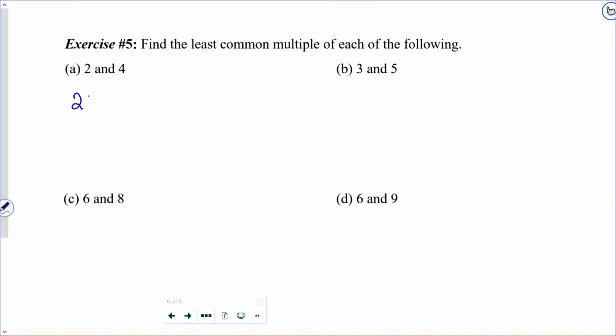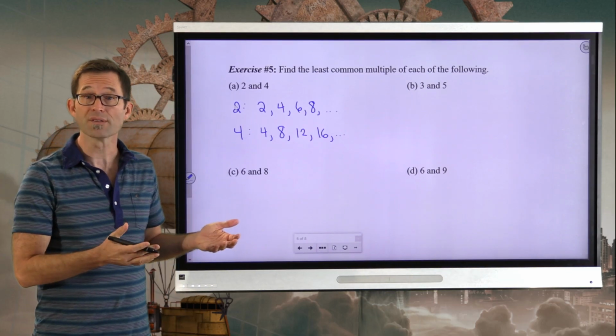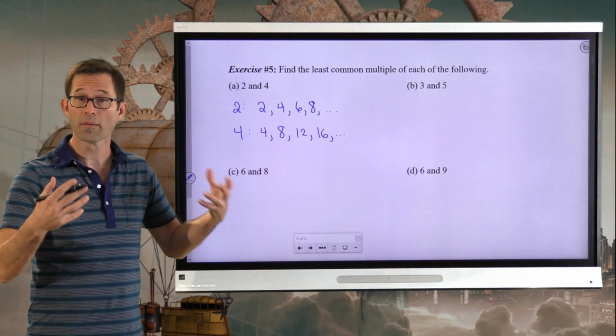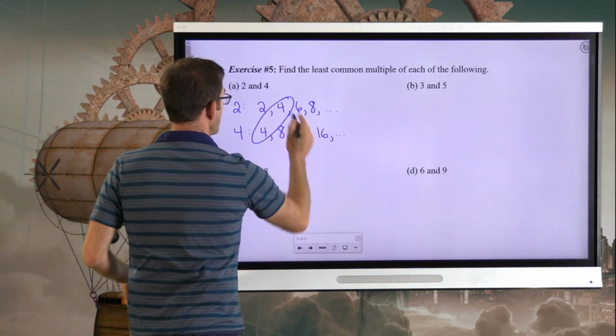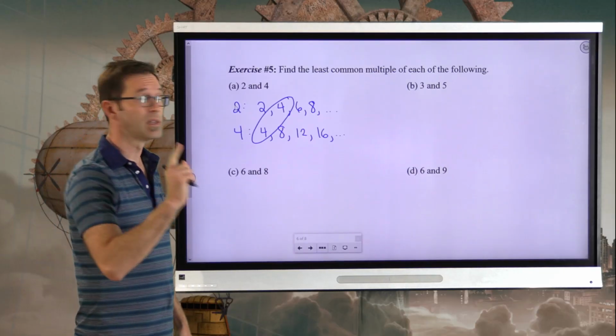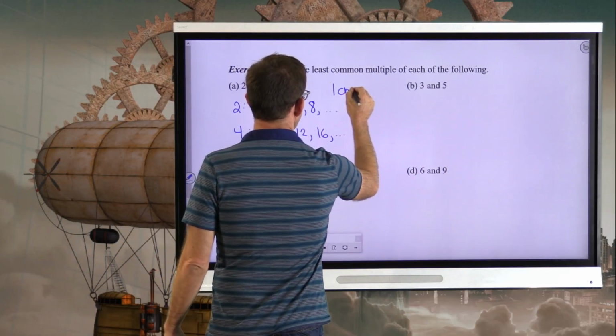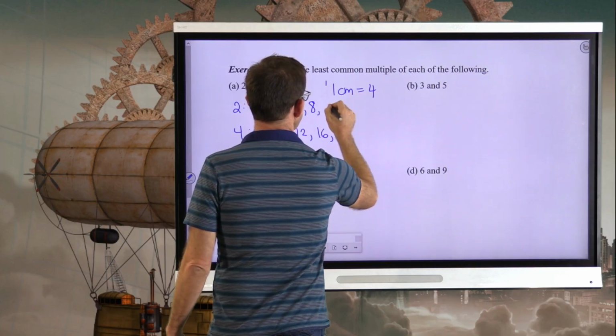So what I would do, if it's not just completely obvious, is I would say, all right, for the number 2, the multiples are 2, 4, 6, 8, etc. For the number 4, the multiples are 4, 8, 12, 16, etc. And the smallest, the first common multiple of these two is actually the number 4. So the least common multiple in this case is 4.